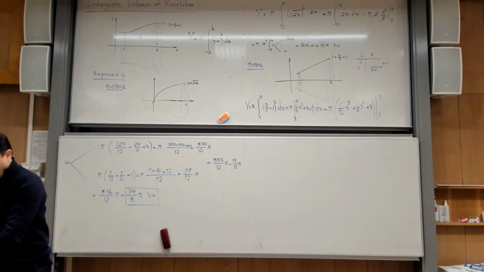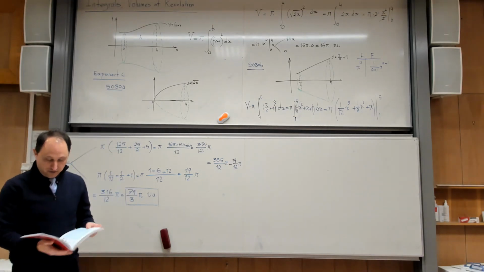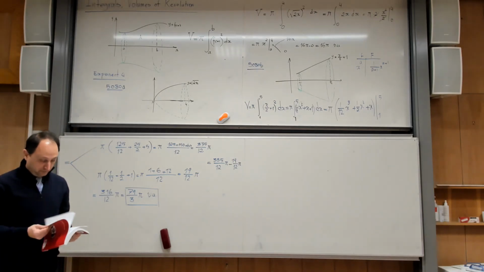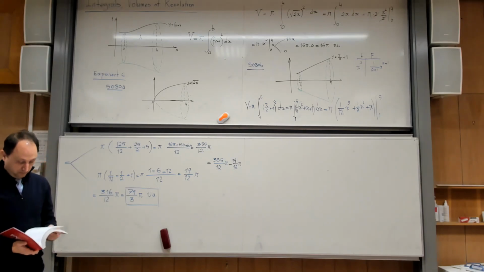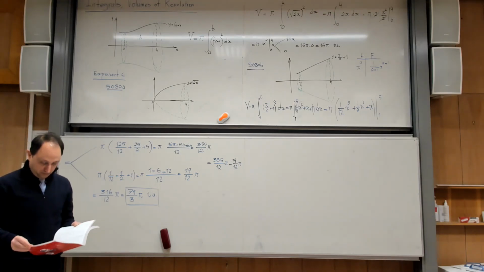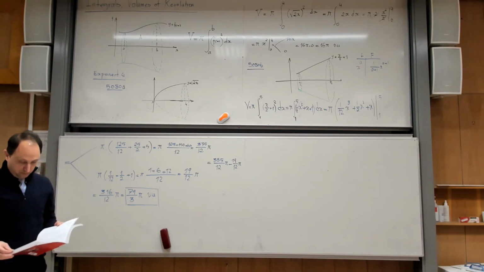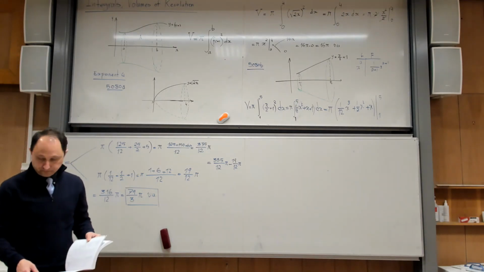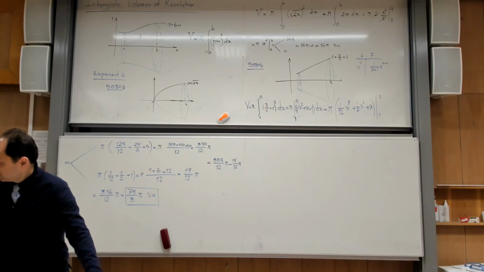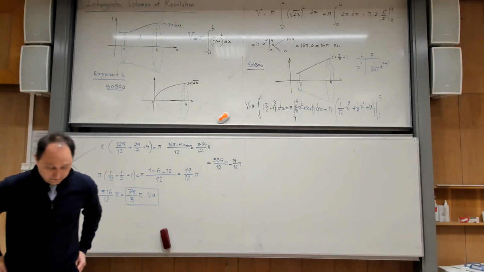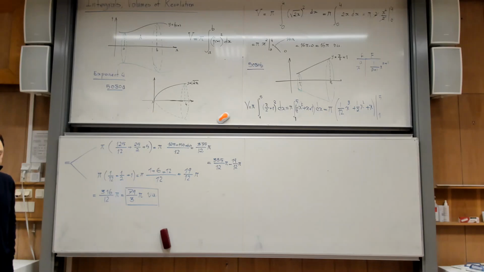I can also check the final result so that I haven't made mistakes. Yes, 79 pi over 3. Any questions? Okay.